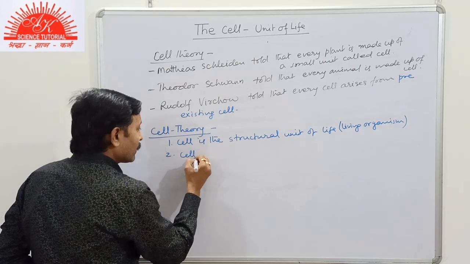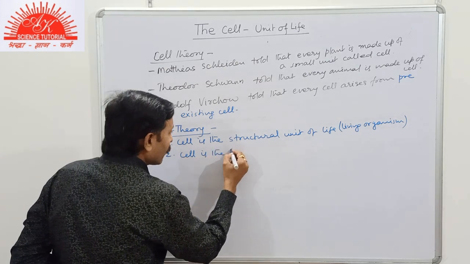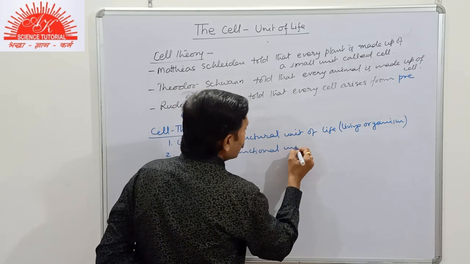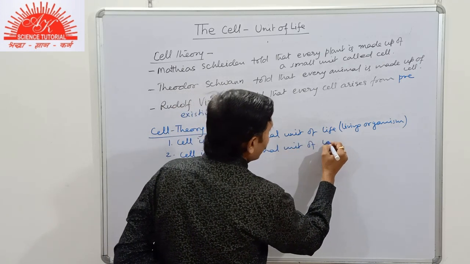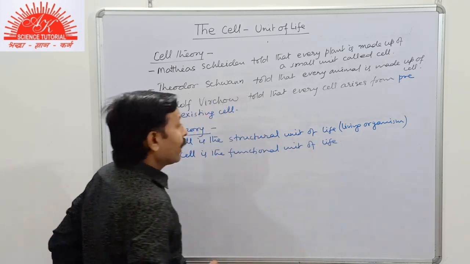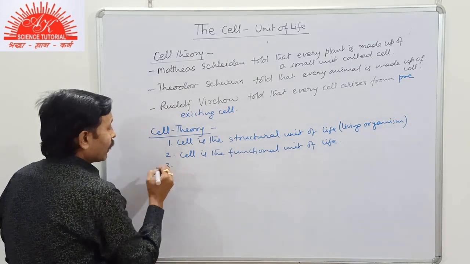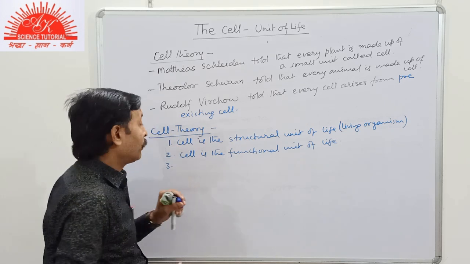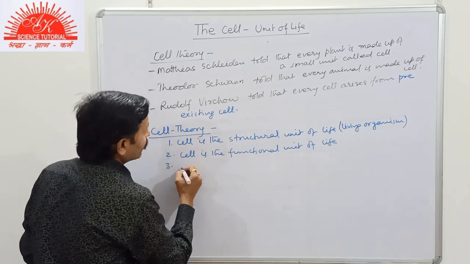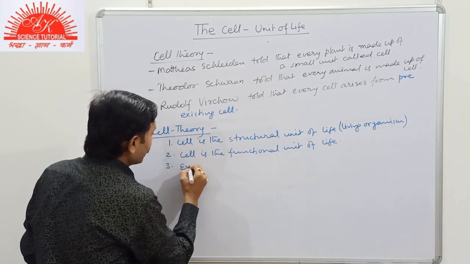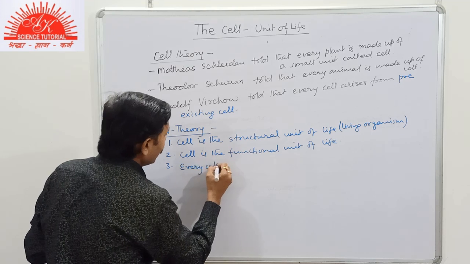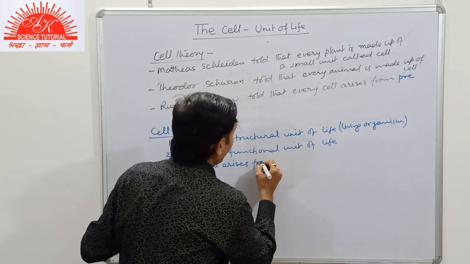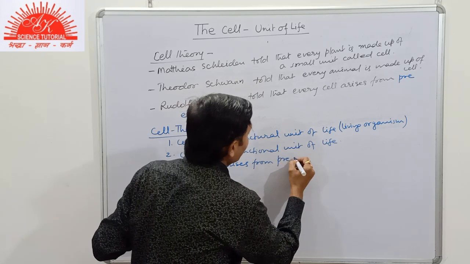Second, cell is the functional unit of life. That is, every living organism has a cell which performs its individual function. Third, every cell arises from pre-existing cell.